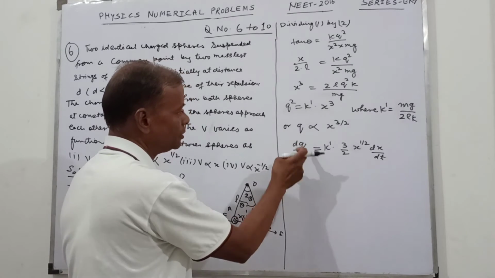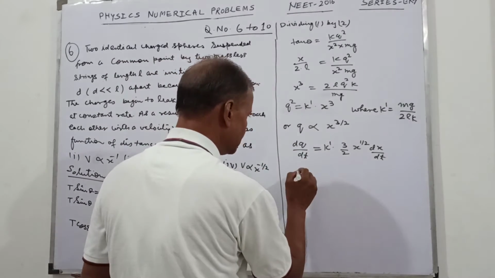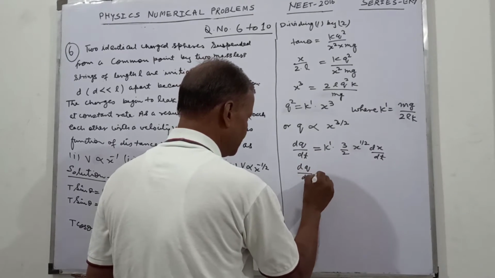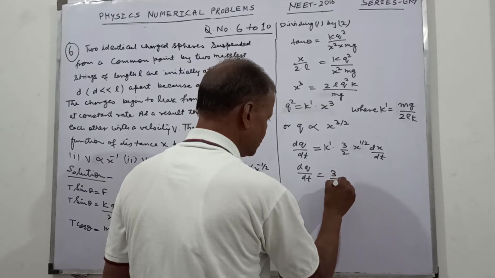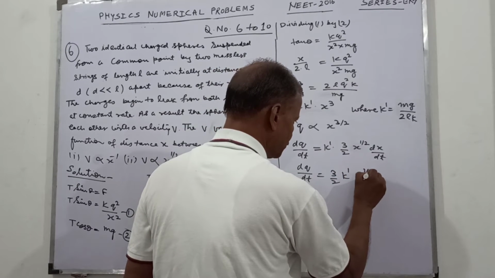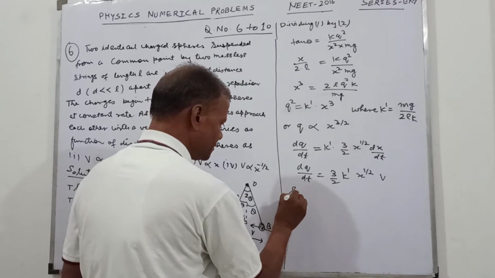This dq upon dt is constant, or we can say that dq upon dt equals 3 by 2 k dash into x raised to power half into v.